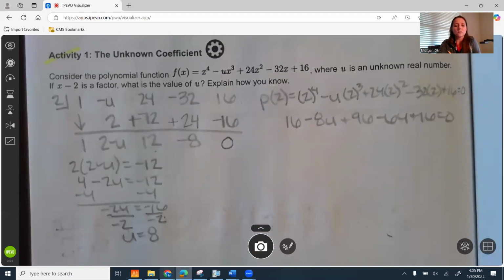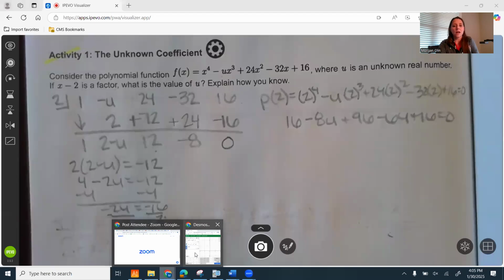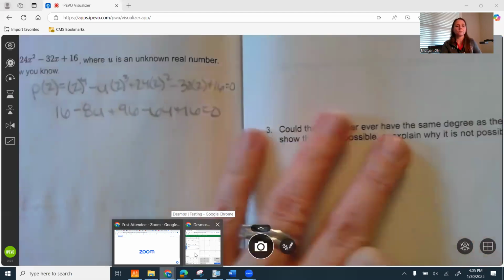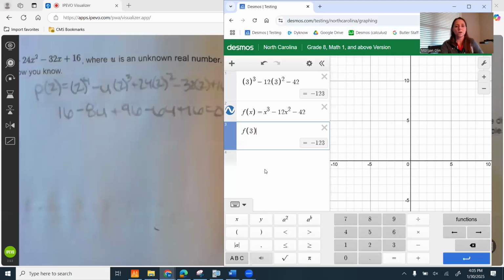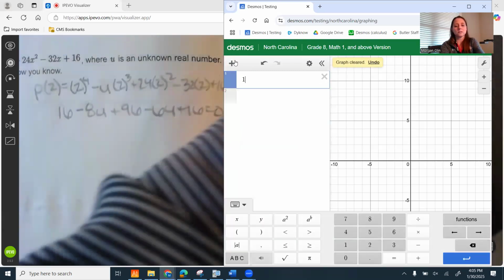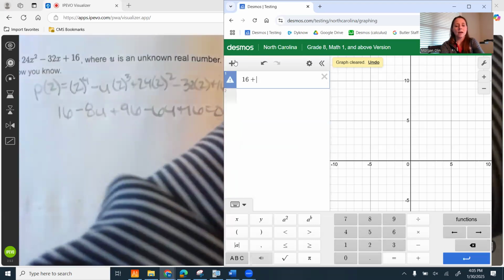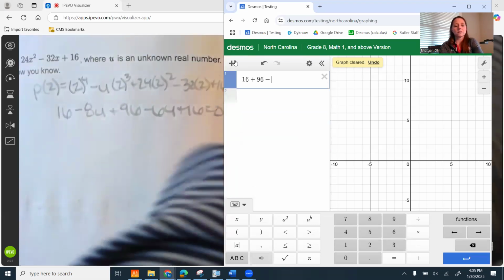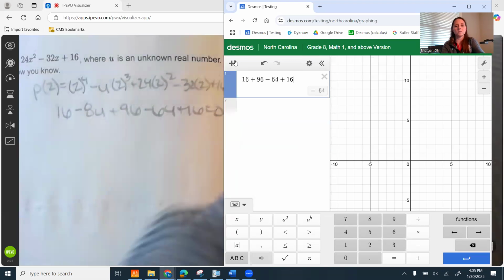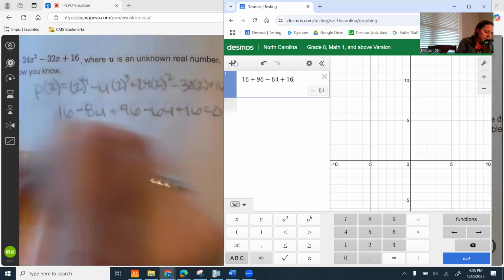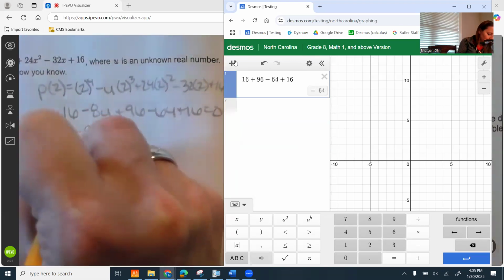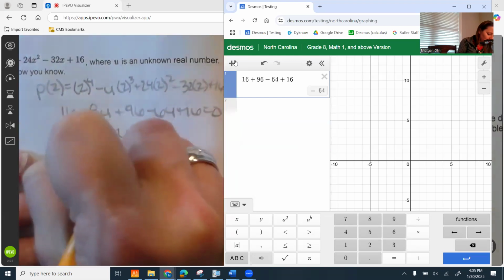All these constants on this side, we can actually add together. So if I add 16 plus 96 minus the 64 and plus 16, all those constants equal 64. So this negative 8u, plus 64 equals 0.